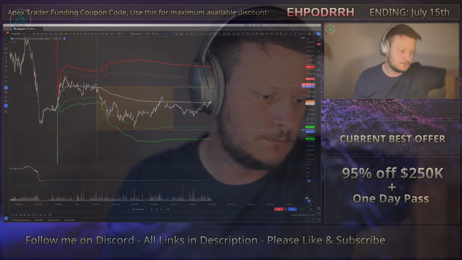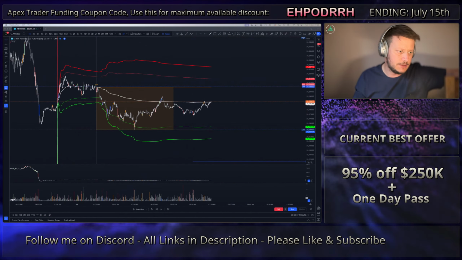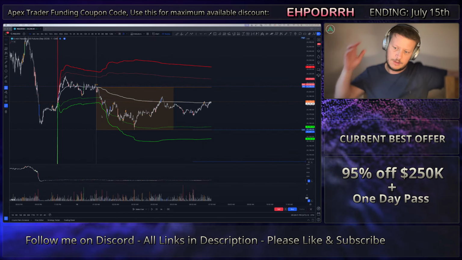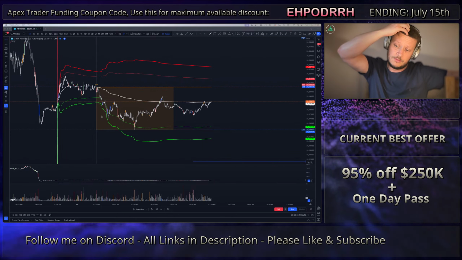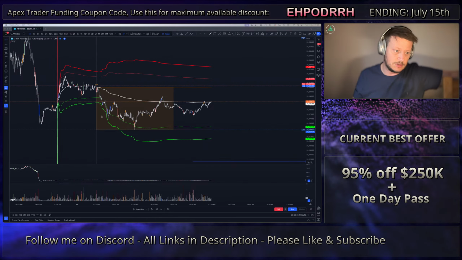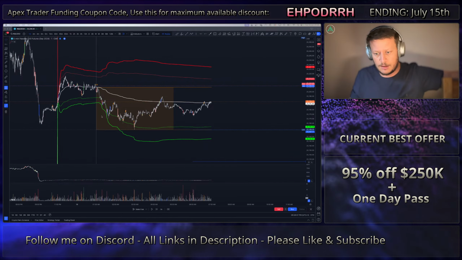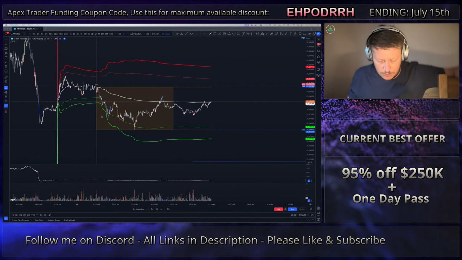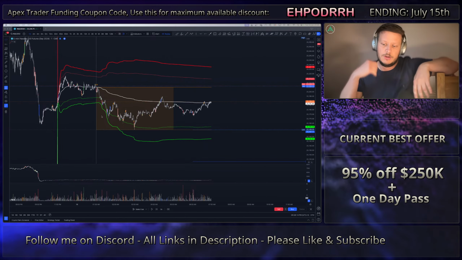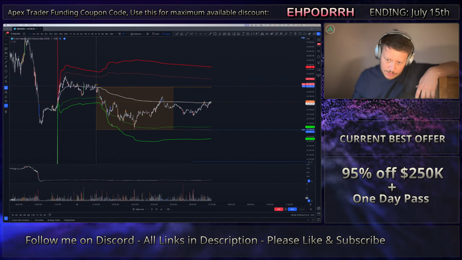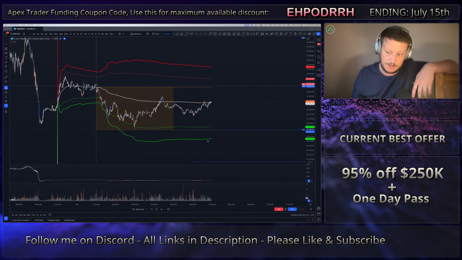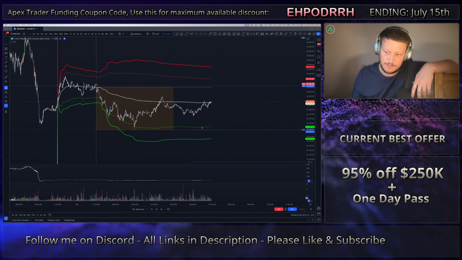So let's just start off right. First and foremost, like I always do, I have put the screen back to pre-London session. And for a quick recap on how I trade and the kind of software and the strategy that I deploy, what we're really looking for is these outer lines, right? These are standard deviations. These are third standard deviations. That's a second standard deviation.